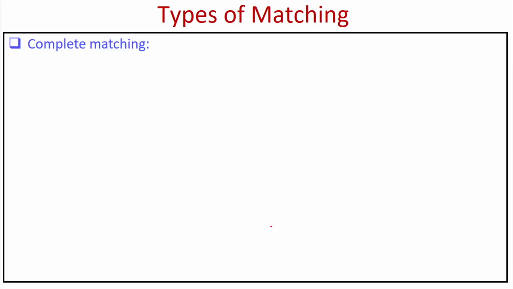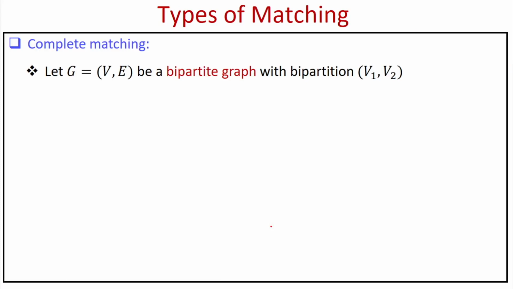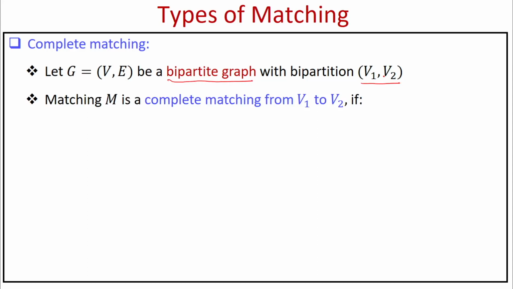Now we have another kind of matching called a complete matching. What is a complete matching? Imagine you are given a bipartite graph with bipartition V1 comma V2. Then a matching in this graph is a complete matching from V1 to V2. When I define a complete matching, it is very important whether it is from V1 to V2 or from V2 to V1. They will be different in general.